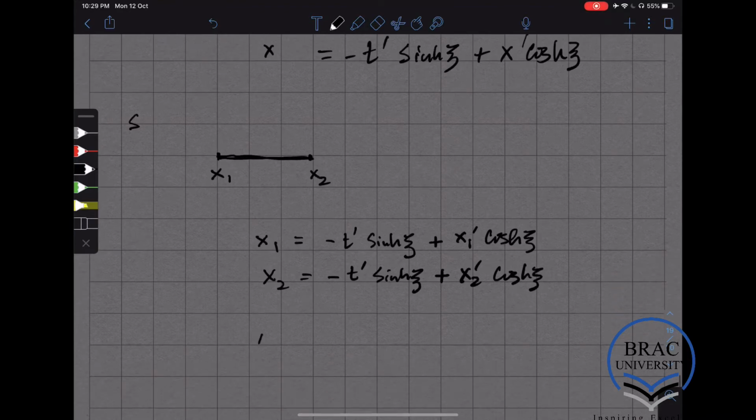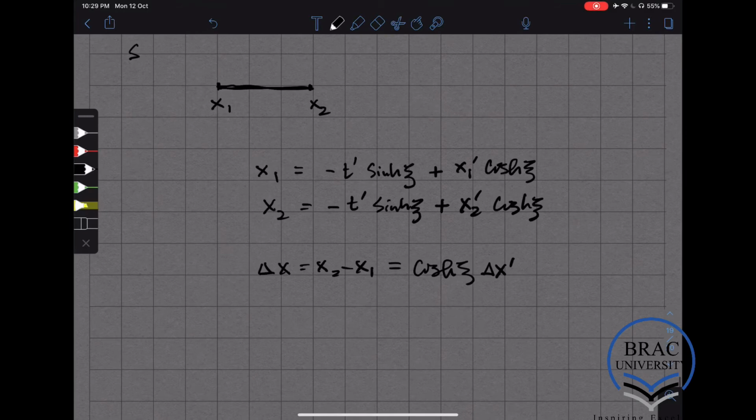So the length of the rod is delta x, given by x2 minus x1, and thus we find that delta x is equal to cosh of psi delta x prime, where delta x prime is x2 prime minus x1 prime.